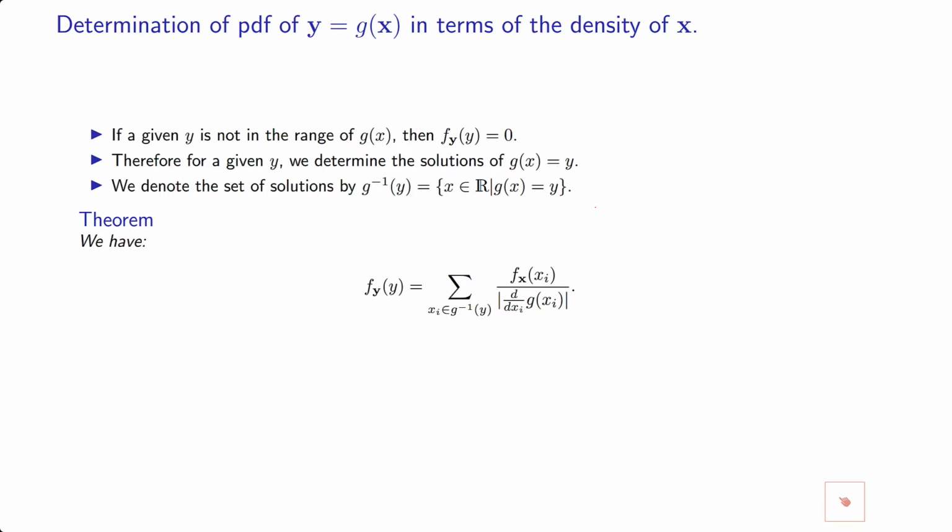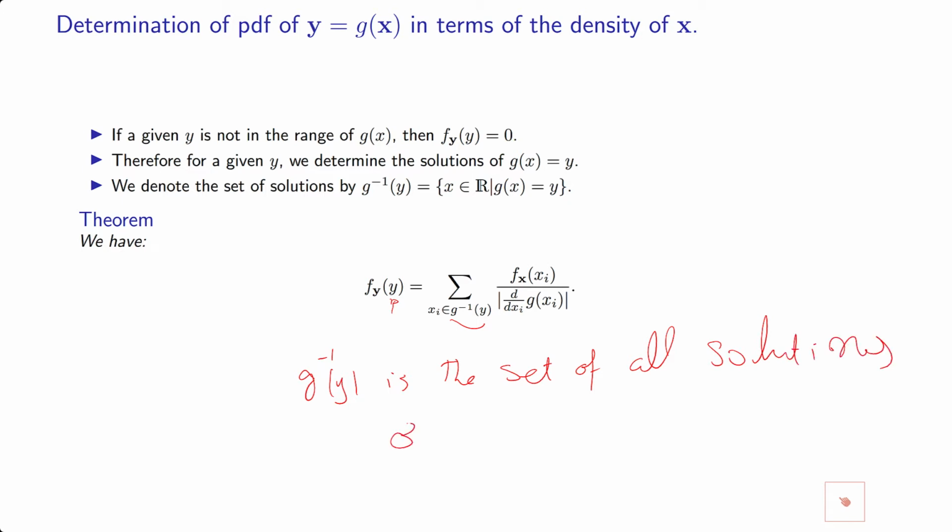So we aim to prove this theorem. We say that the PDF at any given point y is a summation over the set of all solutions. So g inverse of y is the set of all solutions of y equal g of x.